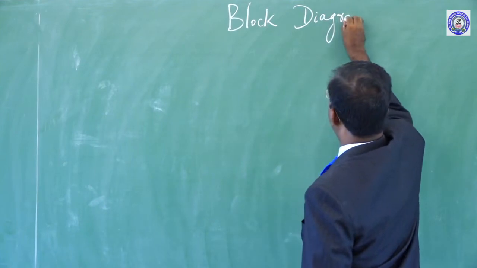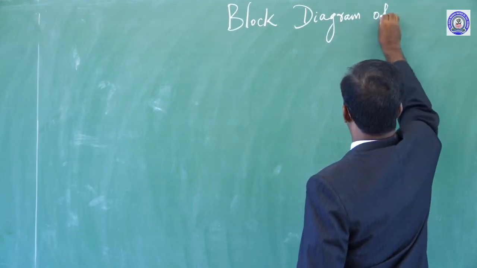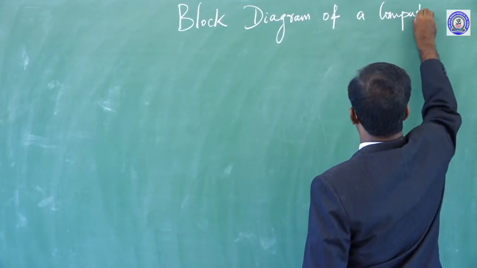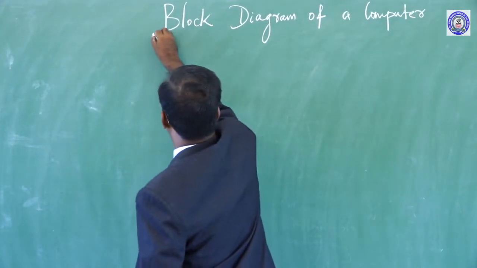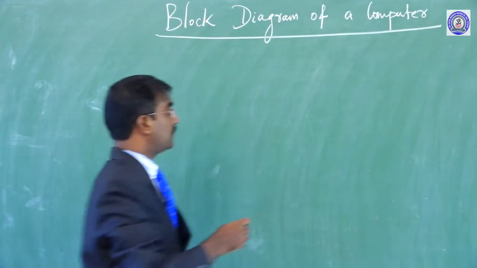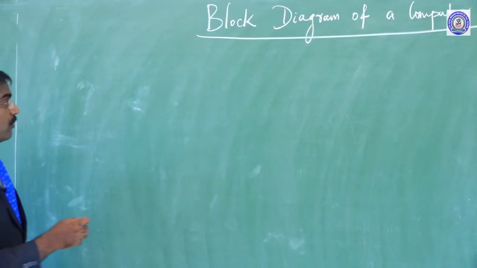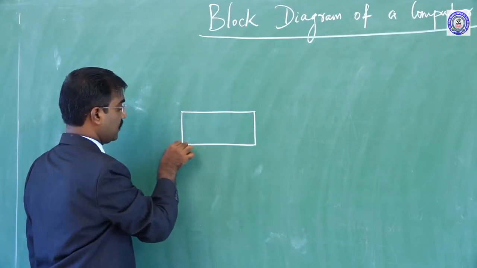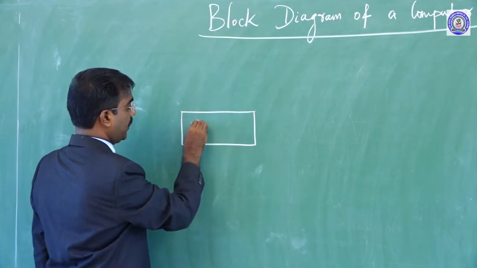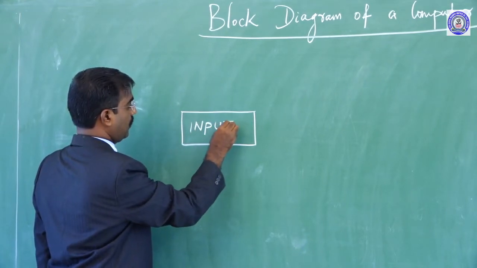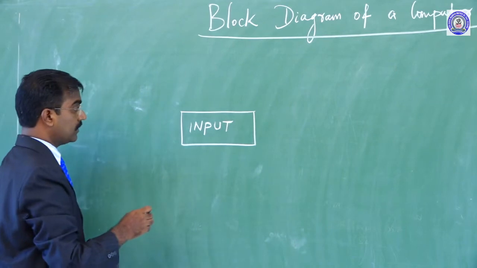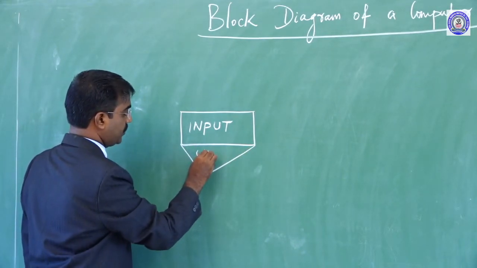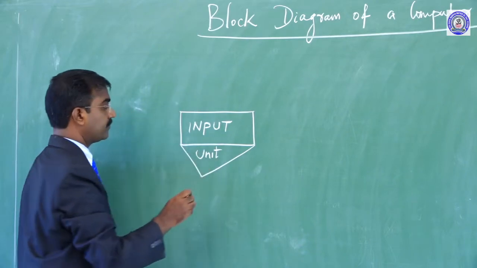Sir, how can we draw a block diagram of a computer? Okay, actually in this method it is a very simple step. Number one is the input, or simply everybody says this is the input unit.